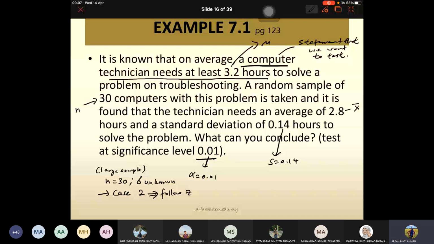Okay, so we want to do the hypothesis testing. Okay, so first tengok steps on how to perform hypothesis testing. State the H null. Patutlah tak share screen.